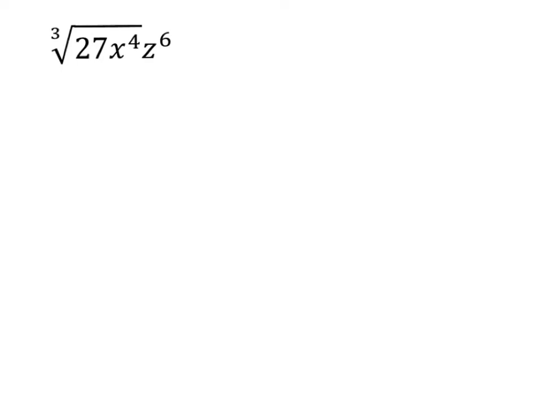So to start this problem off, we want to break things up into more manageable terms. The first thing I'm going to do is take the first term like this, so we get the cubed root of 27, and these are all just multiplied together, but you don't necessarily want to show that when you're doing the problem.